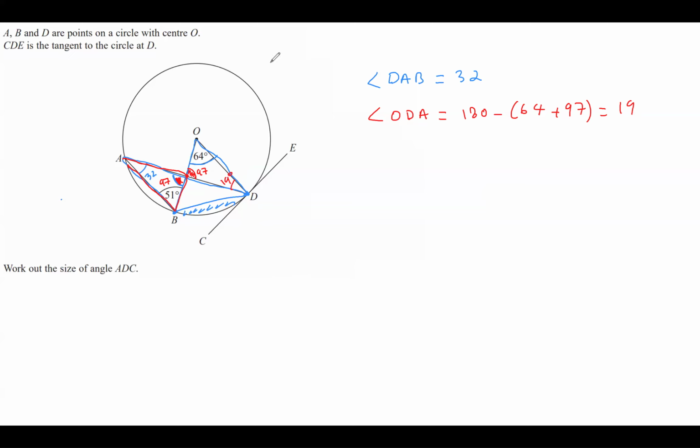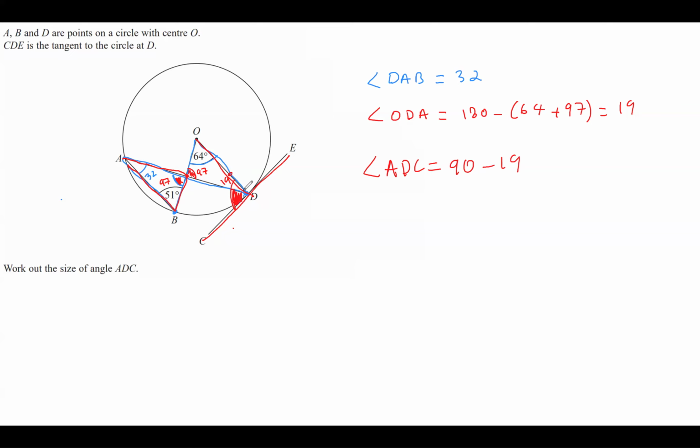Okay, so what is our next step? Well, if we think about this, we have a tangent. So we've got a tangent, we've got a radius. So a radius meets a tangent at 90 degrees. So this angle here, which is angle ADC, is going to be 90 minus 19.